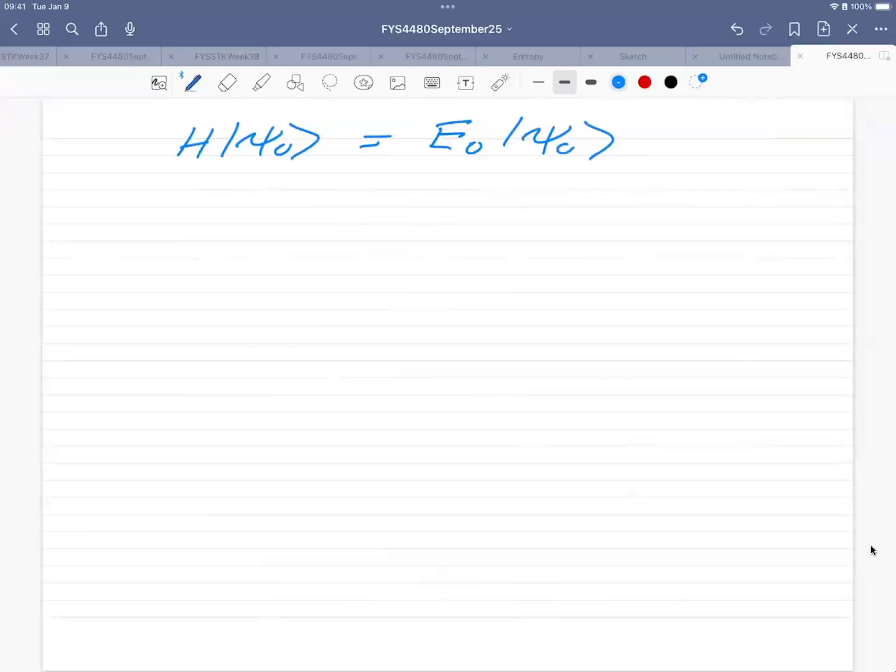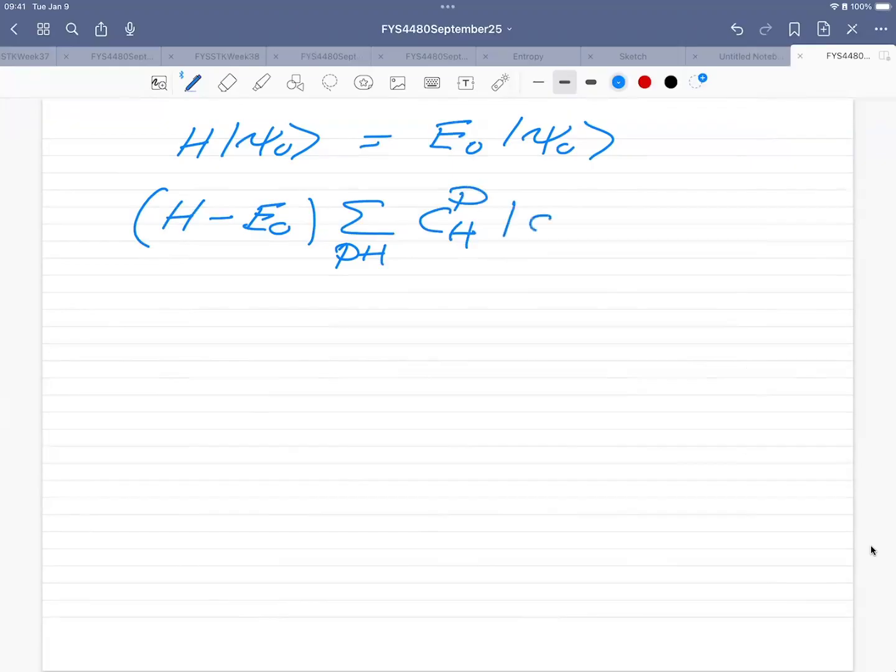If we now look at the formalism which we have put up, we can rewrite this as H minus E0, acting on the summation over particle-hole states, C_HP of phi_HP, okay?